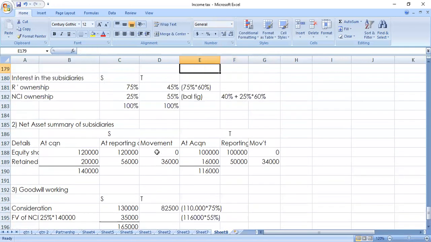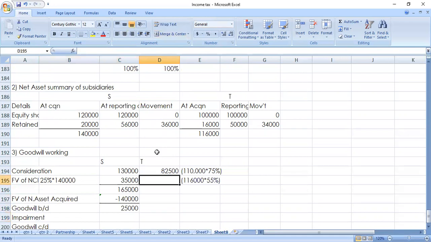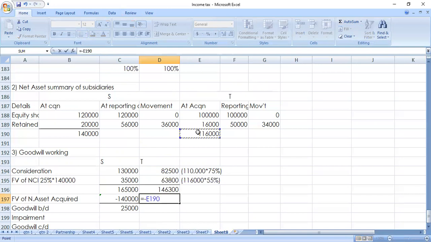So 55% times the 116,000, you get that. Then you add, which gives the total consideration. Then we deduct net assets acquired, which is none other than the 116,000. And then you have your goodwill.